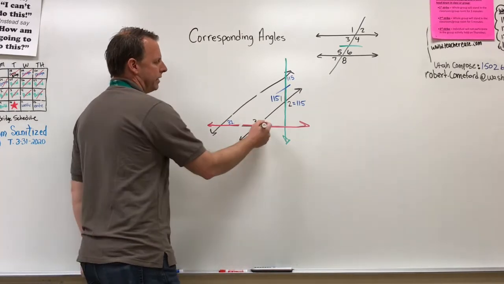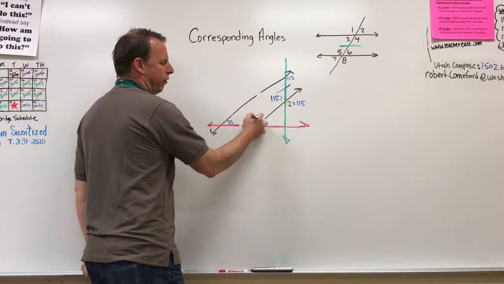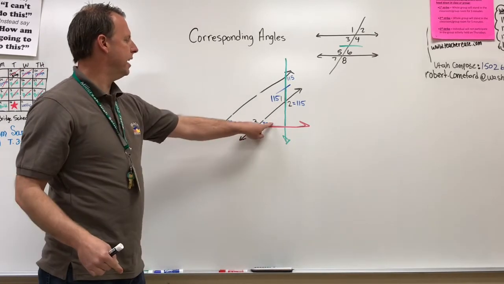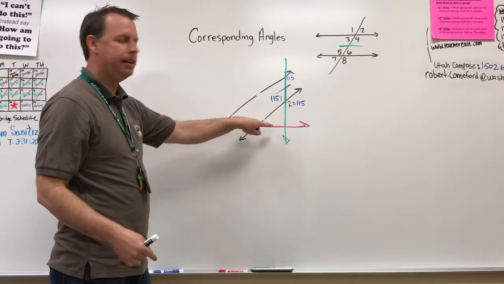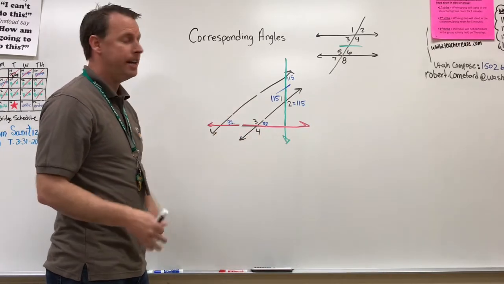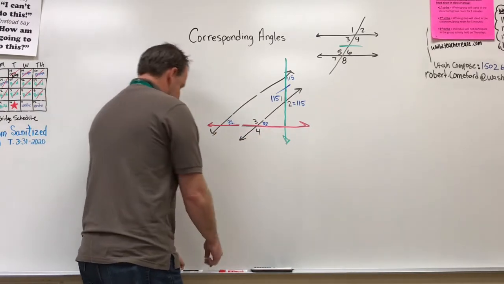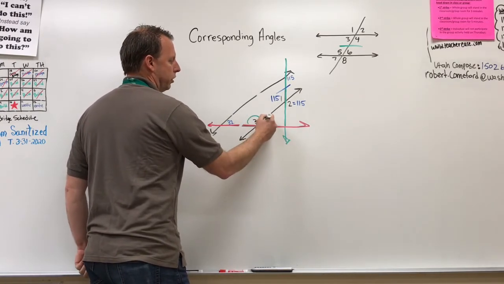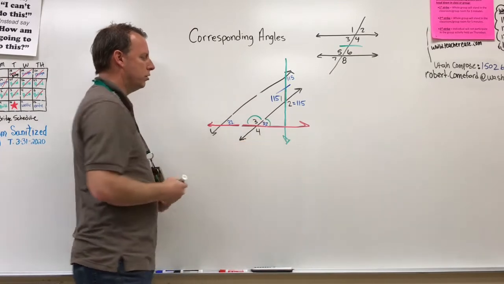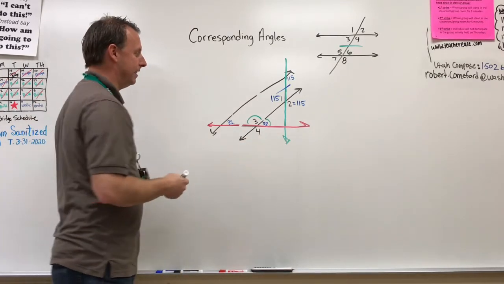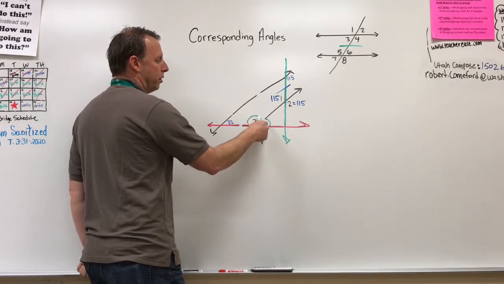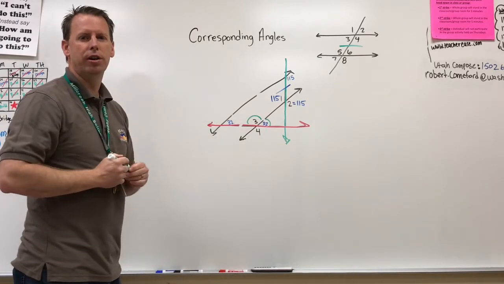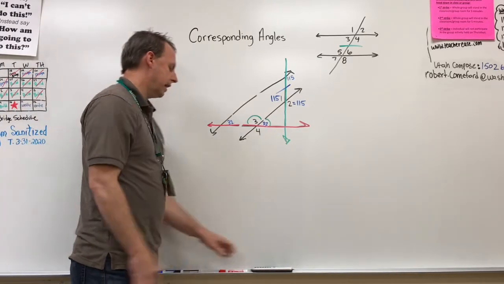So we've got angle 3 here I'm looking for. And this angle is 32, and notice this red line, that's a line, 180 degrees, right? So this angle, angle 3, and this 32, straight line, that has to add up to 180. So what plus 32 adds up to 180.